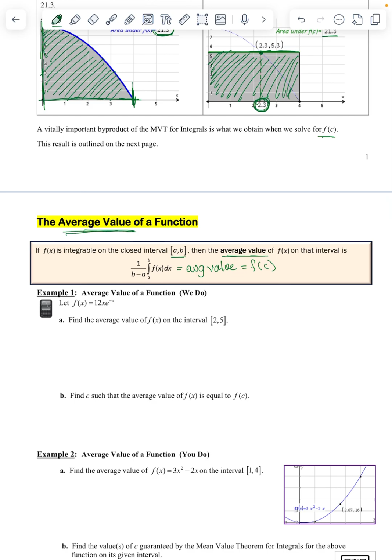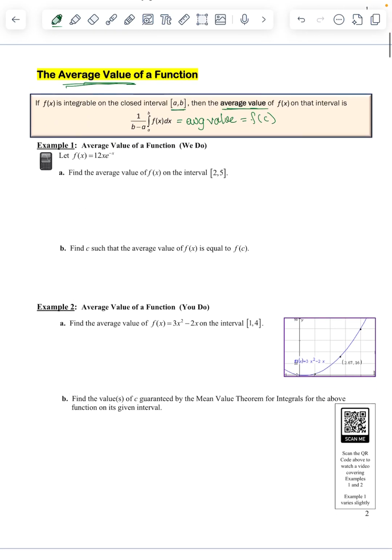So let's do an example. Let f of x equal 12x e to the negative x. Find the average value of f of x on the interval from 2 to 5. So we know that the average value equation is equivalent to 1 over 5 minus 2 times the integral from 2 to 5 of f of x, which is 12x e to the negative x.